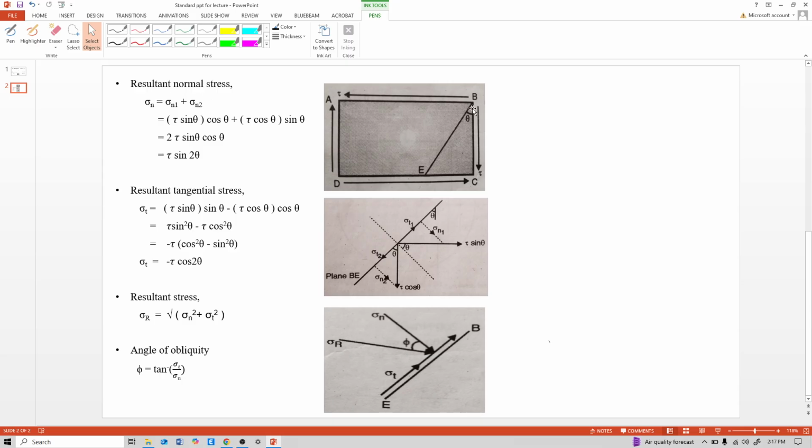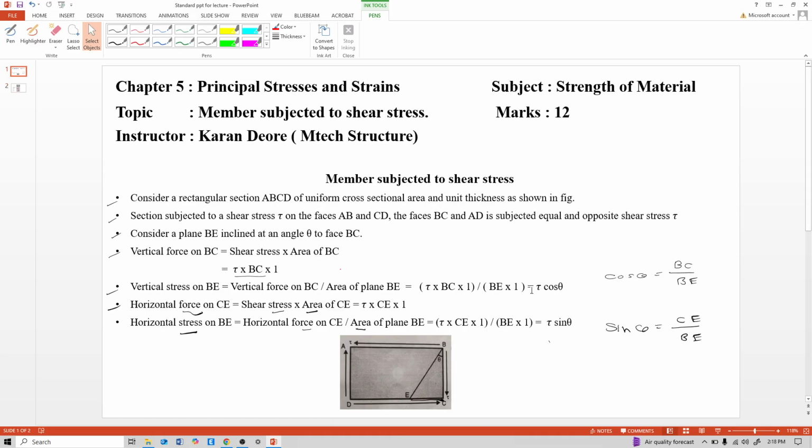Now consider this plane BE. This is tau sin theta, the horizontal stress on BE, and this is tau cos theta, the vertical stress on BE.